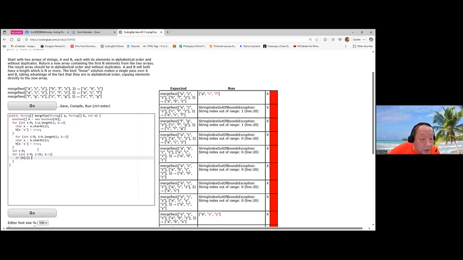So right here, you need to return an array of strings. So let's do string C. Let's use P instead of using C. String array C equals new string of n letters.